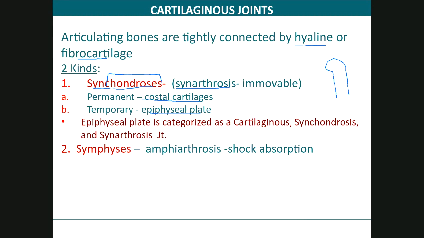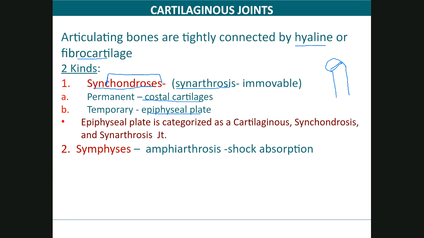This is the head. This is the epiphysis, and this is the metaphysis. So remember, the epiphyseal plate, when you see plate for play, that is that the bone is still growing in length. So this layer of hyaline cartilage is a synchondrosis.